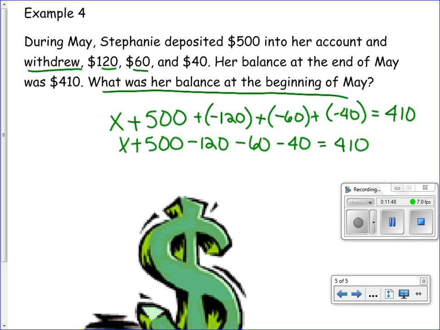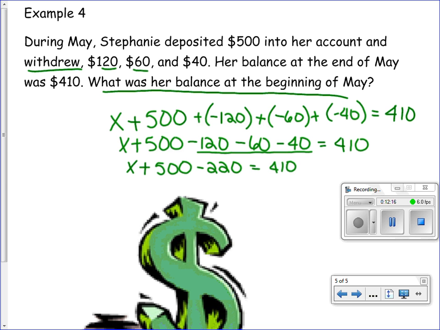My like terms are the constants of 500 minus 120 minus 60 minus 40. 500 minus 220. So this right here, we combine all of the negative numbers. That's going to equal 410.